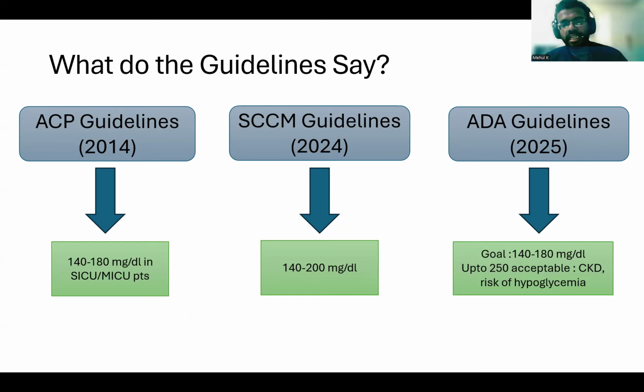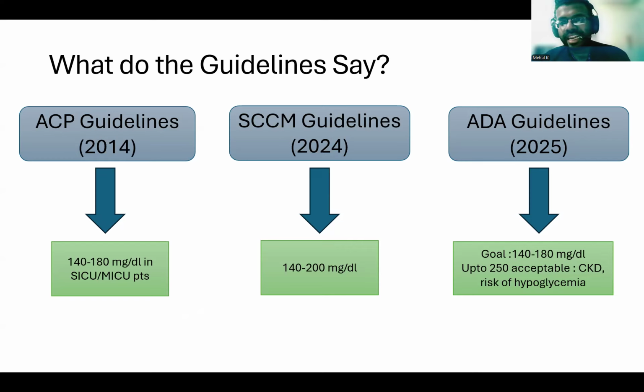So one thing we have to understand is that as per the evidence that we have, we have only proven that 140 to 180 is safer than tighter control like 80 to 100. We have not really seen if even higher targets are also safe or even safer than what we are recommending right now.